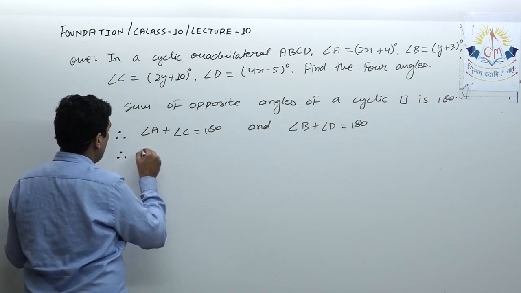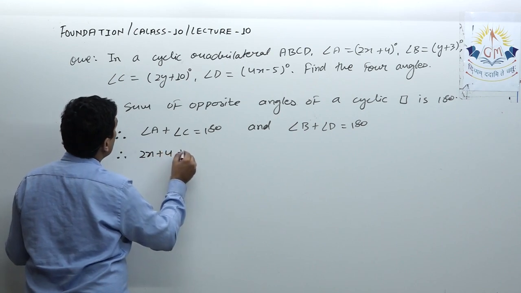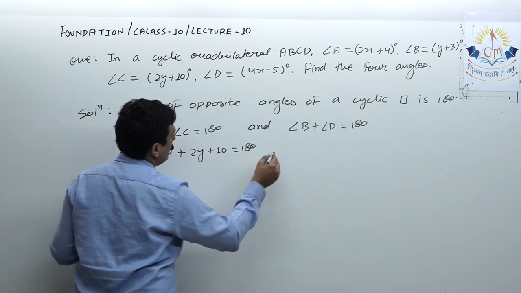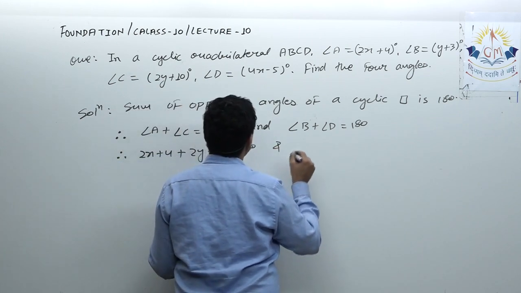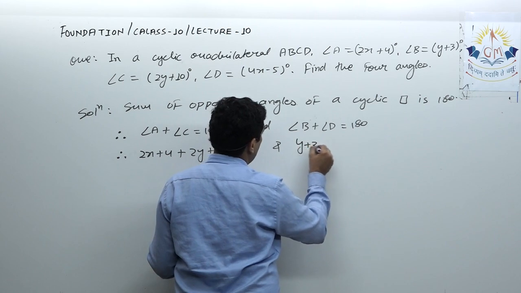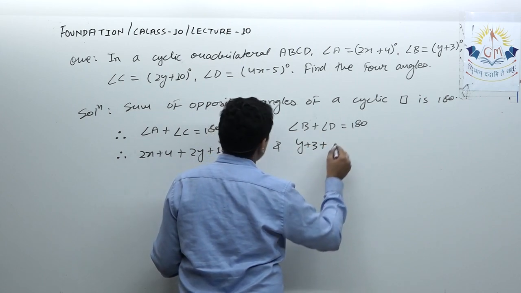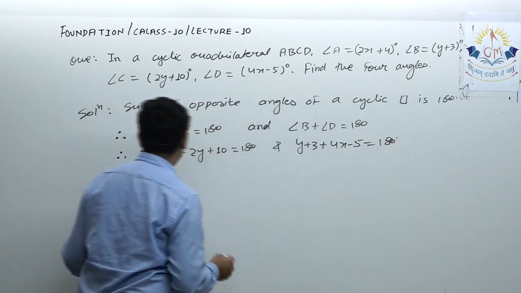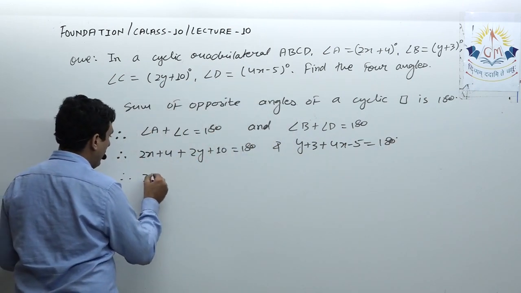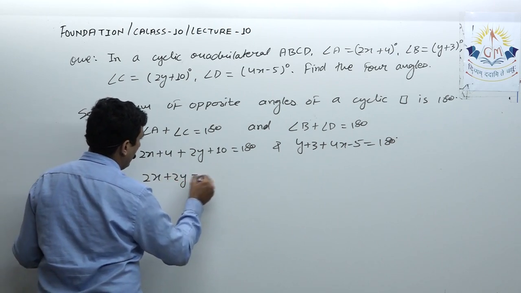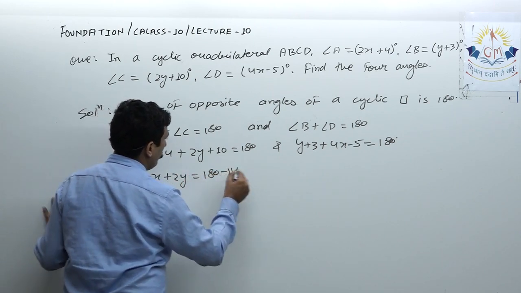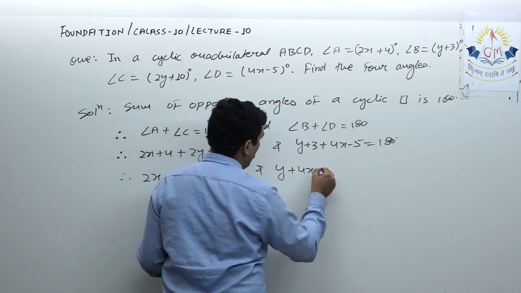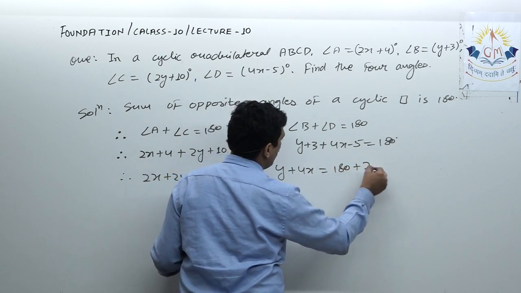So A is 2x plus 4, C is 2y plus 10, which is equal to 180 degrees, and B, that is y plus 3, and D, that is 4x minus 5, is equal to 180 degrees. So ultimately you will get 2x plus 2y is equal to 180 minus 14, and from here you will get y plus 4x is equal to 180 plus 2.